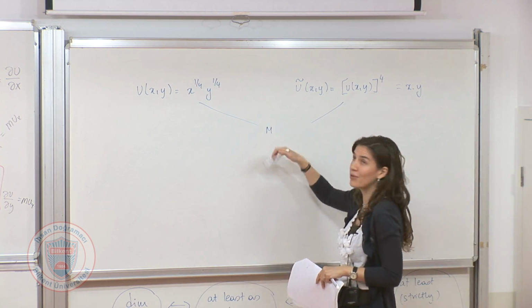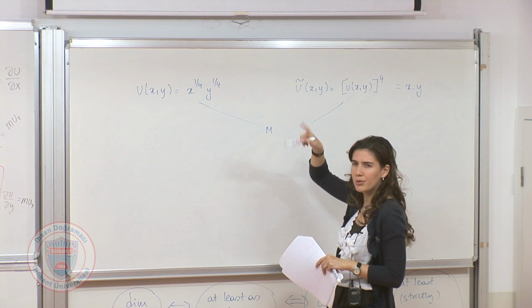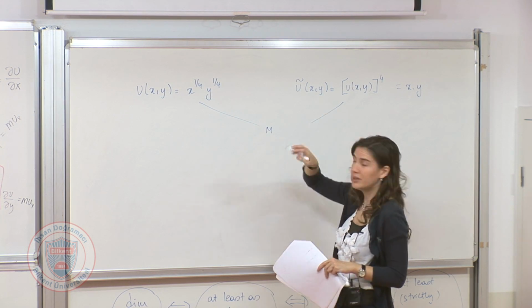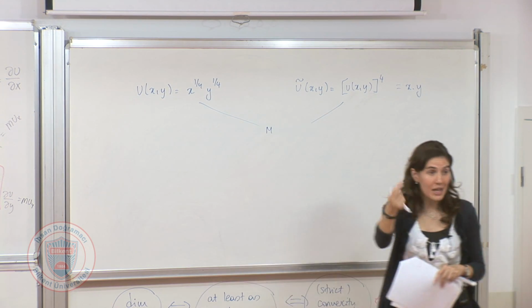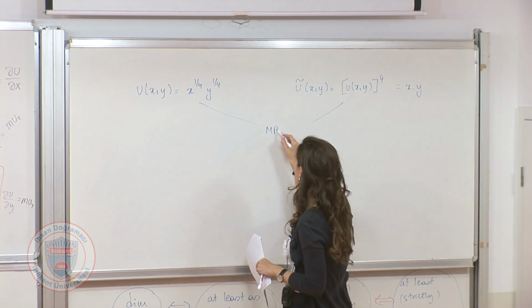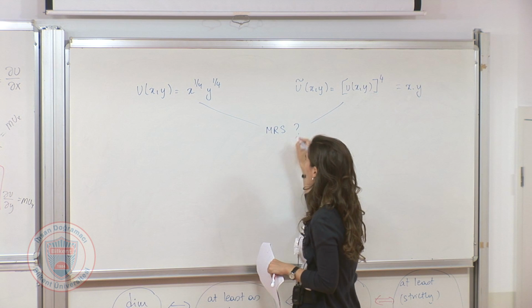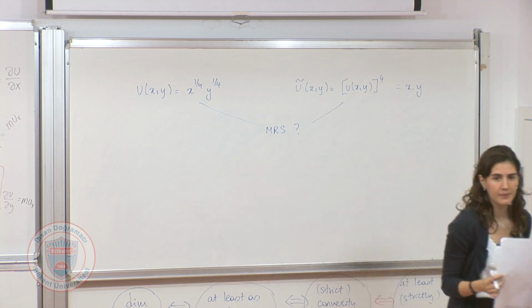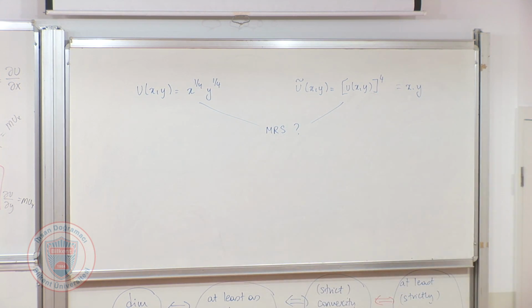If it represents the same information, I drew this guy's indifference curve and used that MRS in order to understand this guy. So how do I know that the MRSs are the same in both cases? Now I'm going to use that property, and you'll see that they are the same.